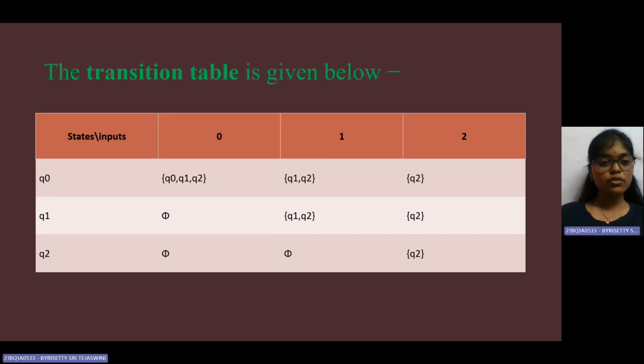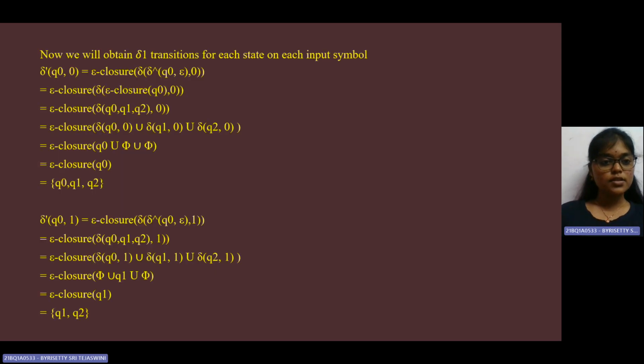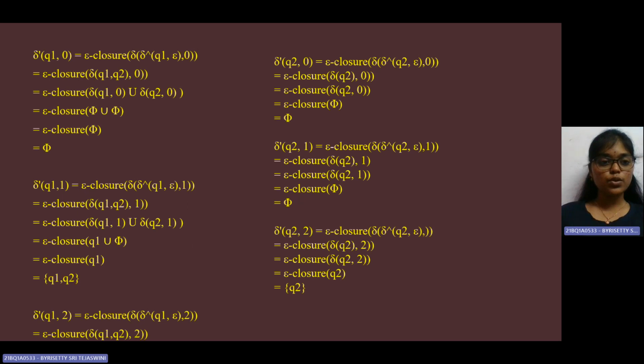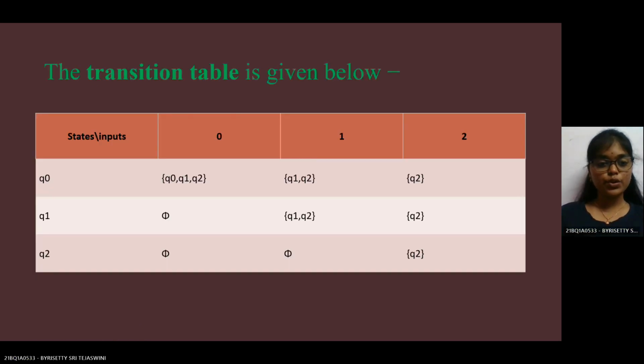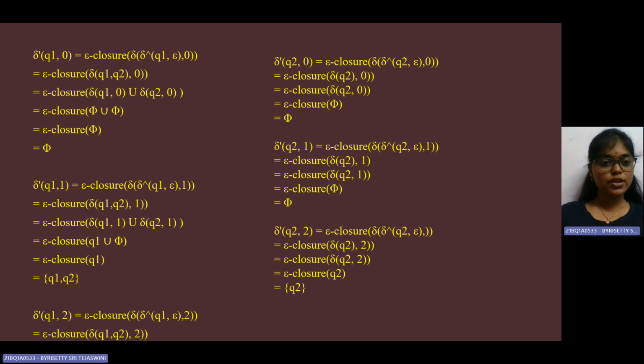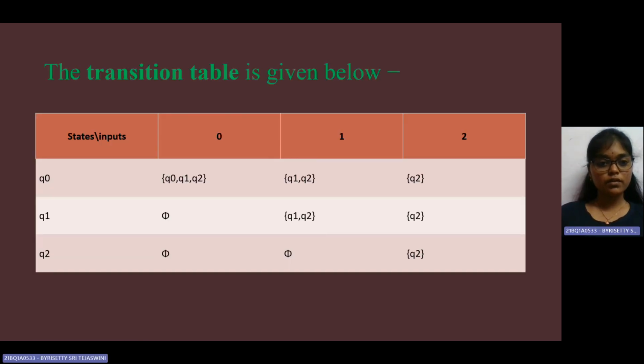Means q0 for 1 gives q1, q2. Okay. Next, for q1 and 0, we got phi. Next, for q1 and 1, q1, q2.